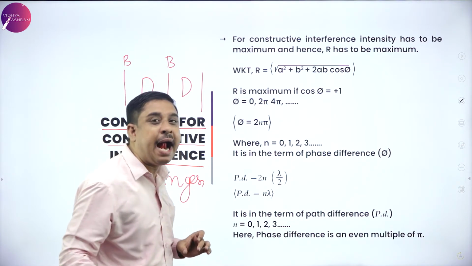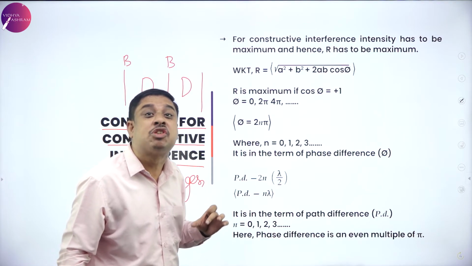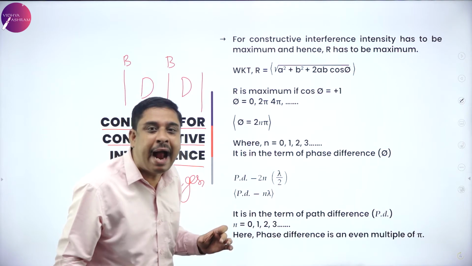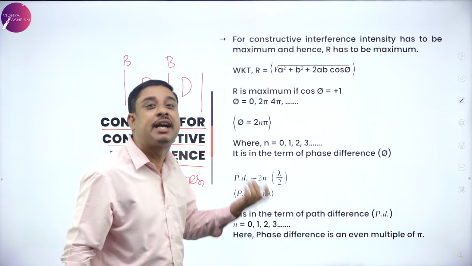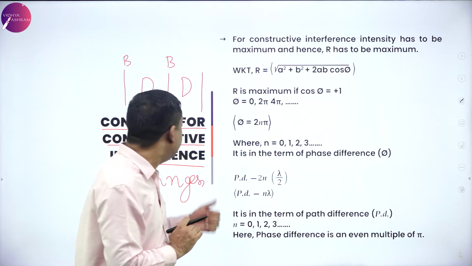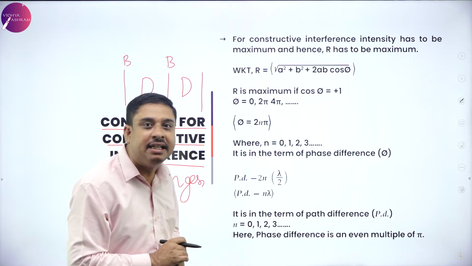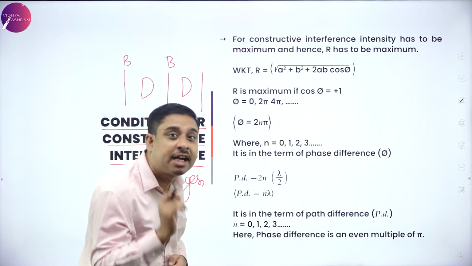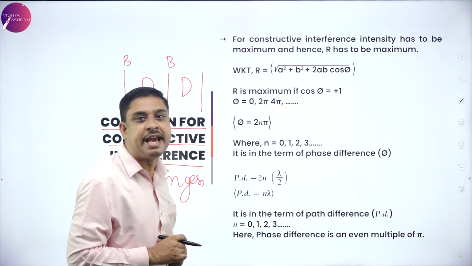A bright band is called a constructive band, and a dark band is called a destructive band. Bright fringe means constructive, dark fringe means destructive.